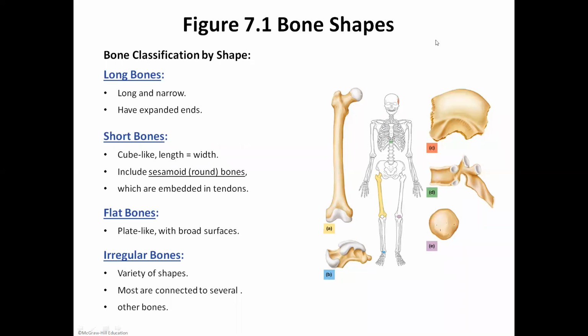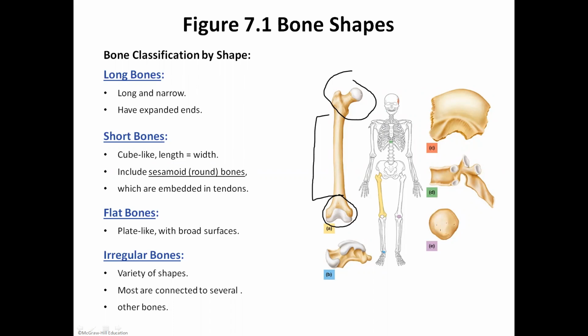And so long bones will have this very narrow shaft. We refer to this shaft as the diaphysis. And you'll notice that it has these expanded ends, which we refer to as the epiphysis. And so, like I said, the humerus, the femur, tibia and fibula, radius and ulna, those are all long bones.